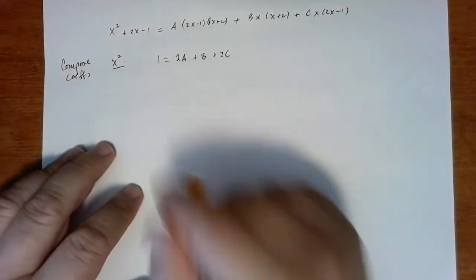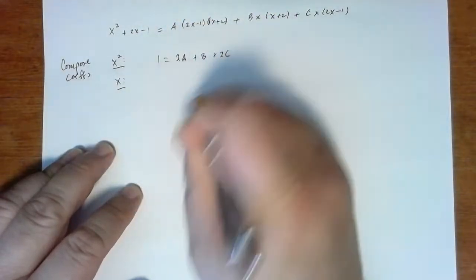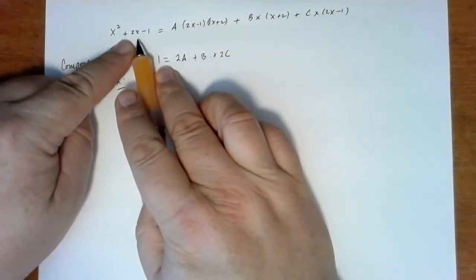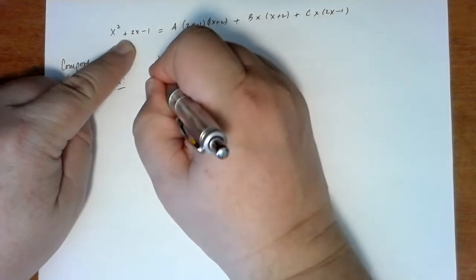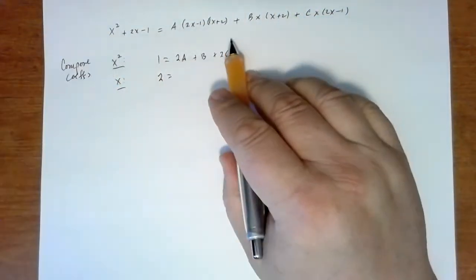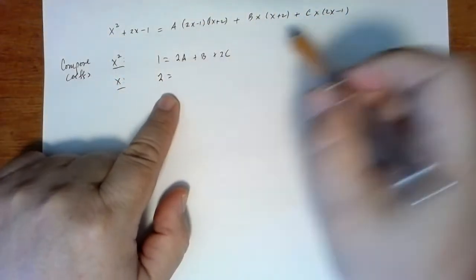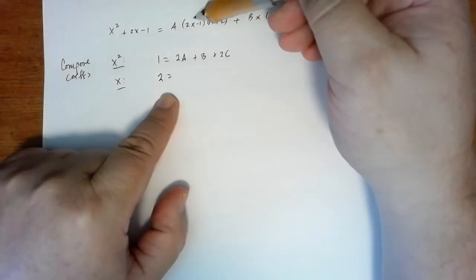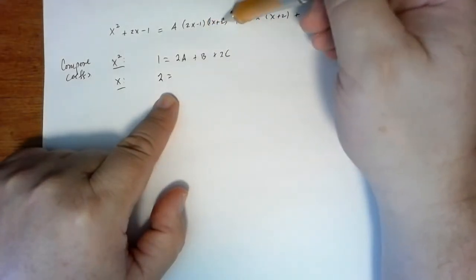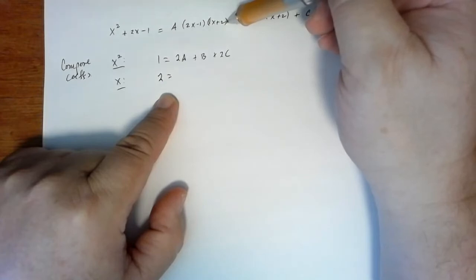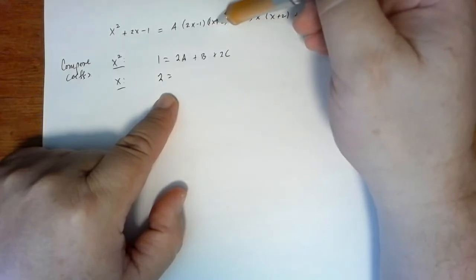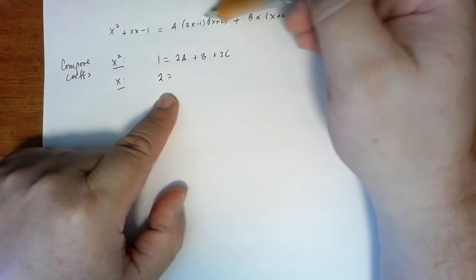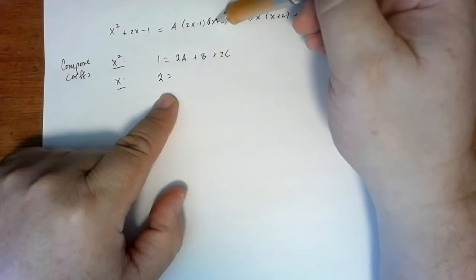So how about the x terms? That one's going to be kind of harder to do here, but we'll have a 2 on this side. And then what will the x terms be on this side? Well, the x terms on this side are coming from the 2 times 2x or minus x. So that's going to be 4x minus x, 3x, 3a.